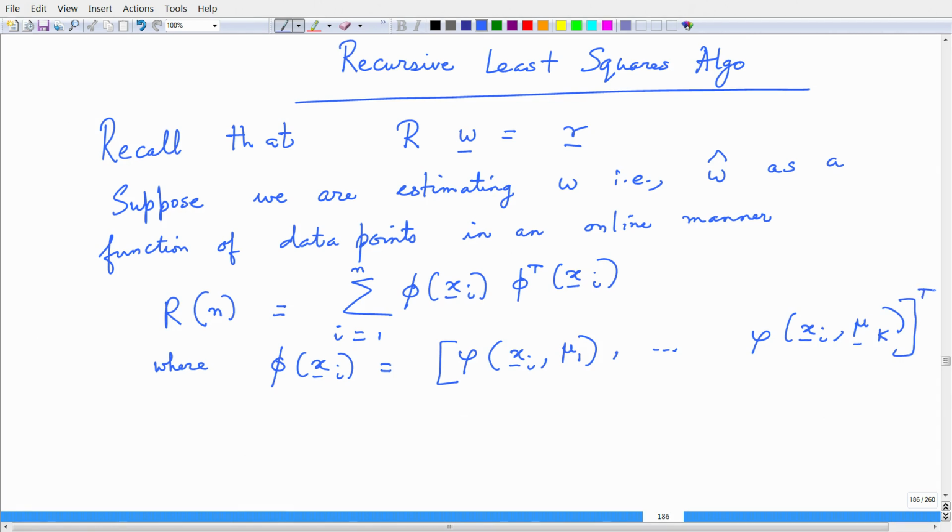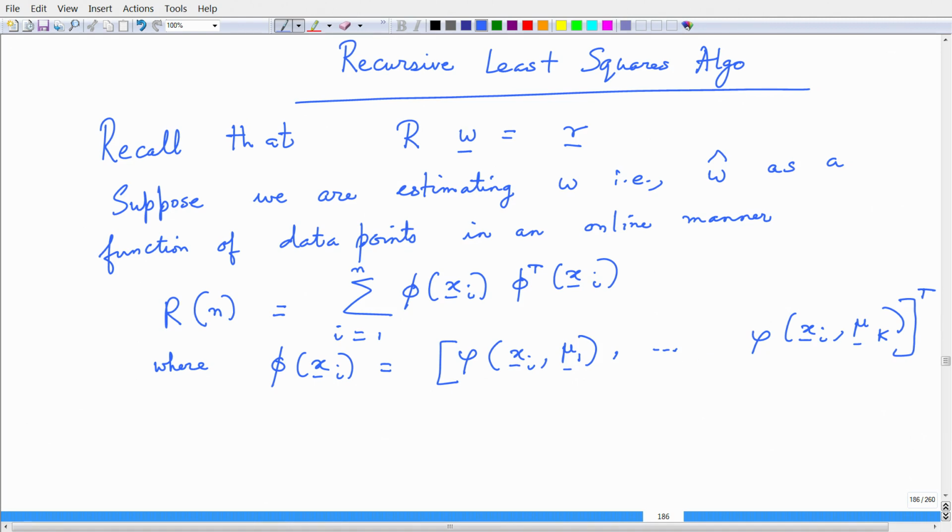So, I have k different means mu 1 through mu k, and I evaluate this data point over this phi function which has these arguments as the cluster means.